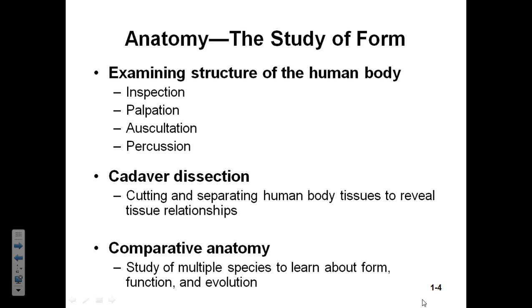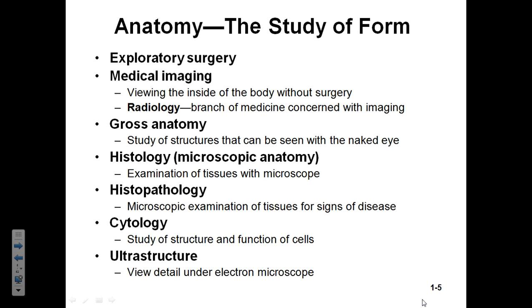And here I like doing cats because cats and pigs, they're what they call comparative anatomy. Their anatomy is similar to ours. So by dissecting them, you can look at their internal structures. All right. So that's where we get the term comparative anatomy, to look at form and function.